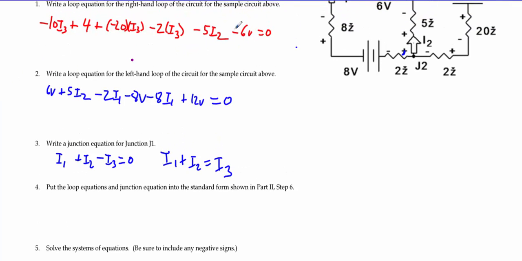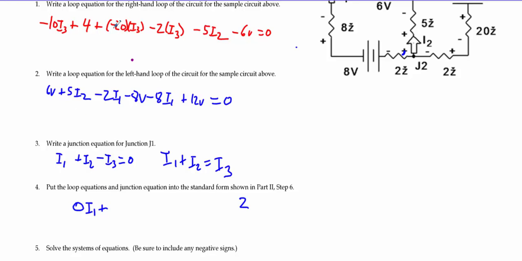I'm going to start up here with this one. I have 6 volts and 4 volts, so that's negative 2 volts, and I'm going to add that over, so I have 2 on the right. Now I'm going to go through and find all my I1s. No I1s, so 0 I1 plus, how many I2s do I have?